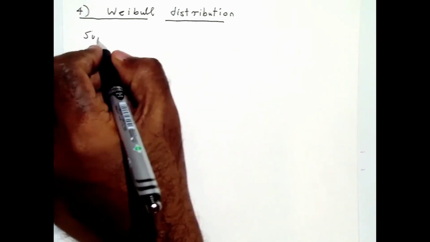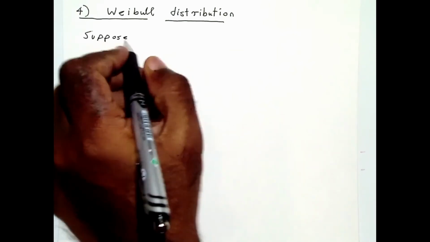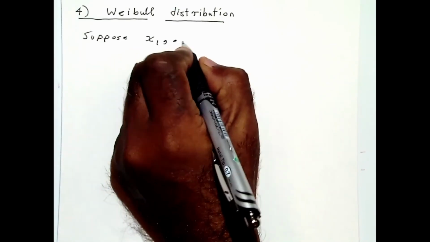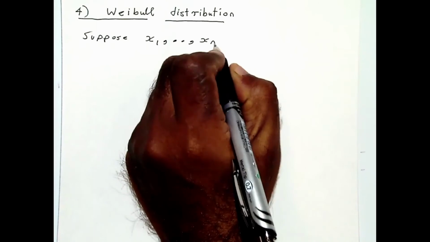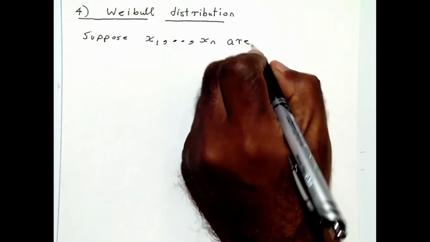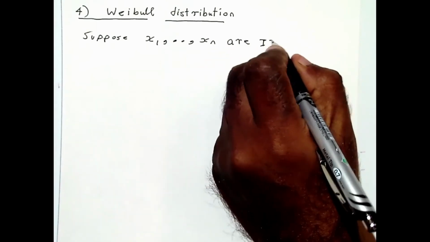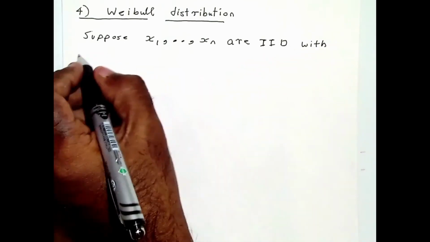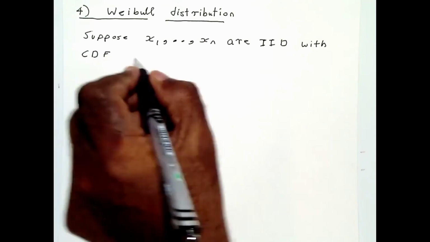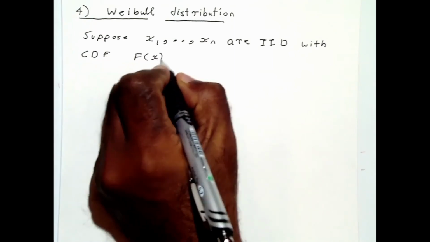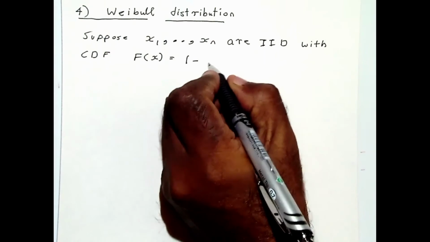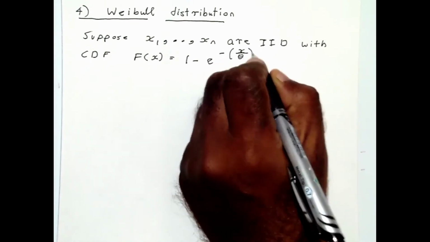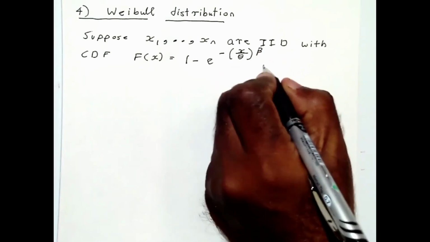So I'm going to suppose that the losses x1 to xn are IID with the cumulative distribution function given by this.